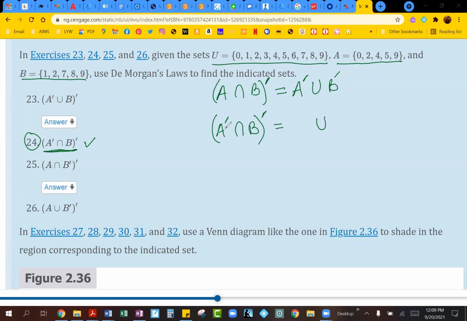Whatever is your first set, you end up taking a complement on that. So our intersection changes to union. Now for this first set, whatever the set is, you end up taking a complement on that. For your second set, we end up taking a complement on that also.